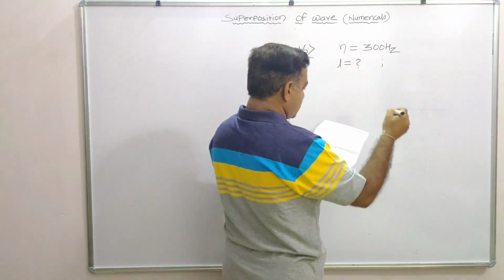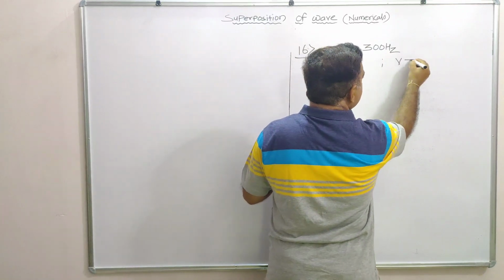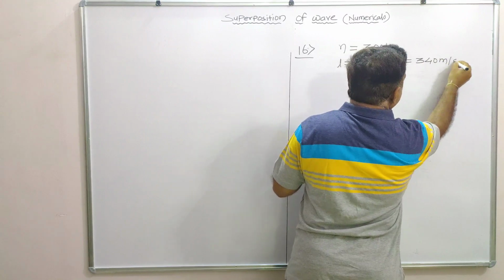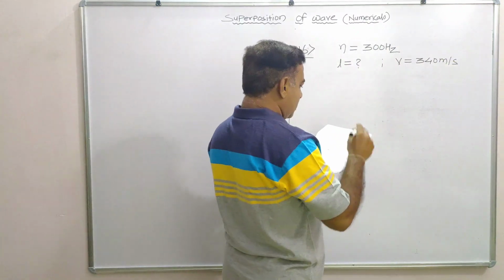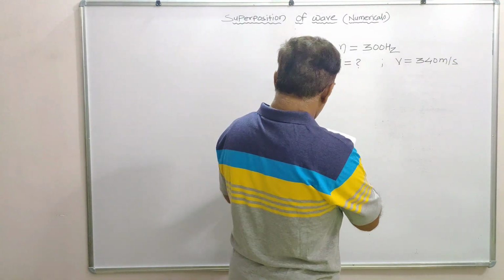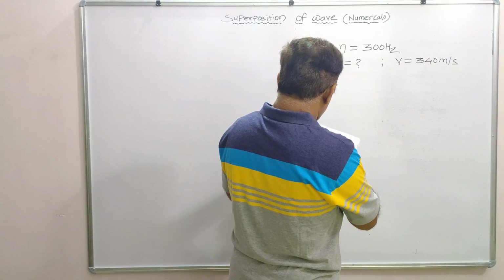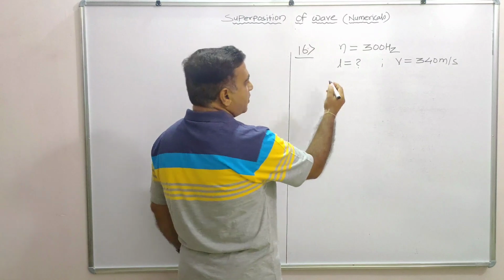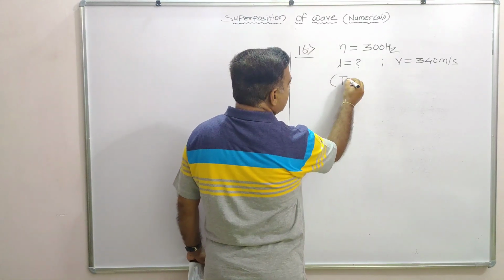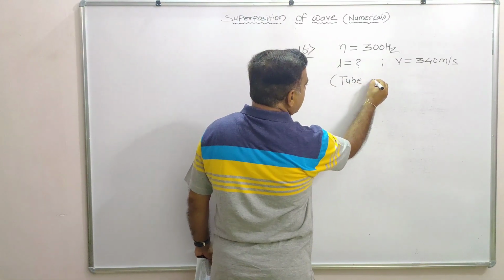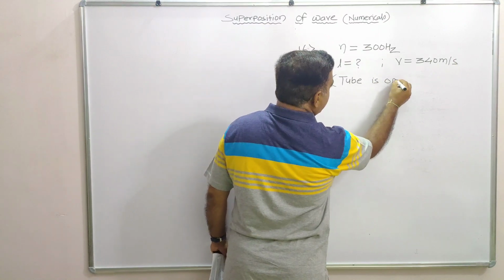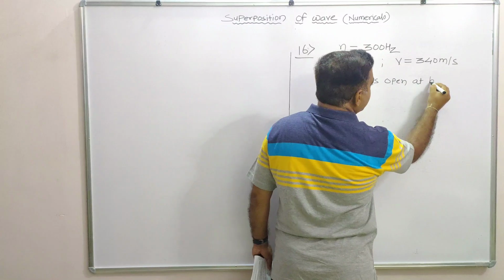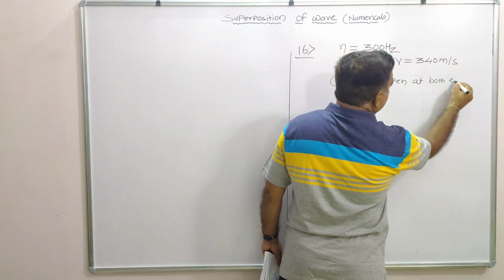The velocity v is equal to 340 meter per second, and the condition is that the tube is open at both ends.